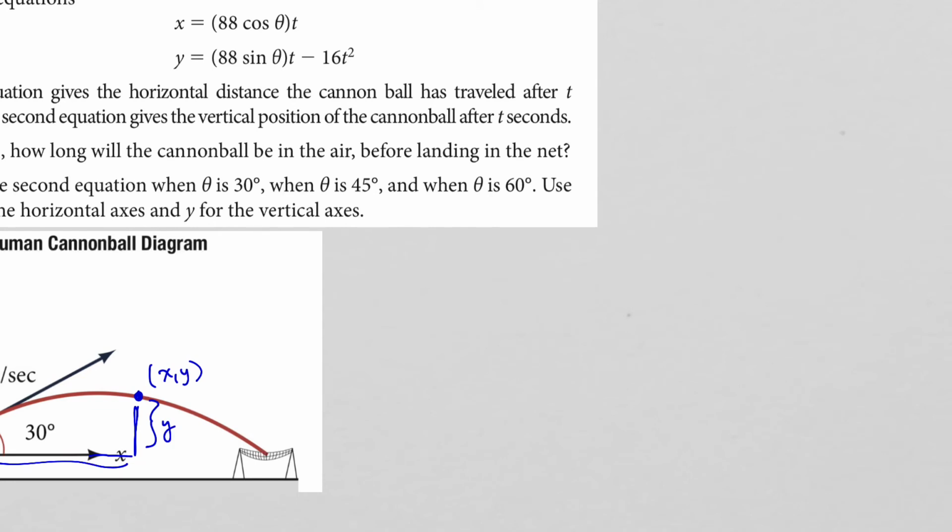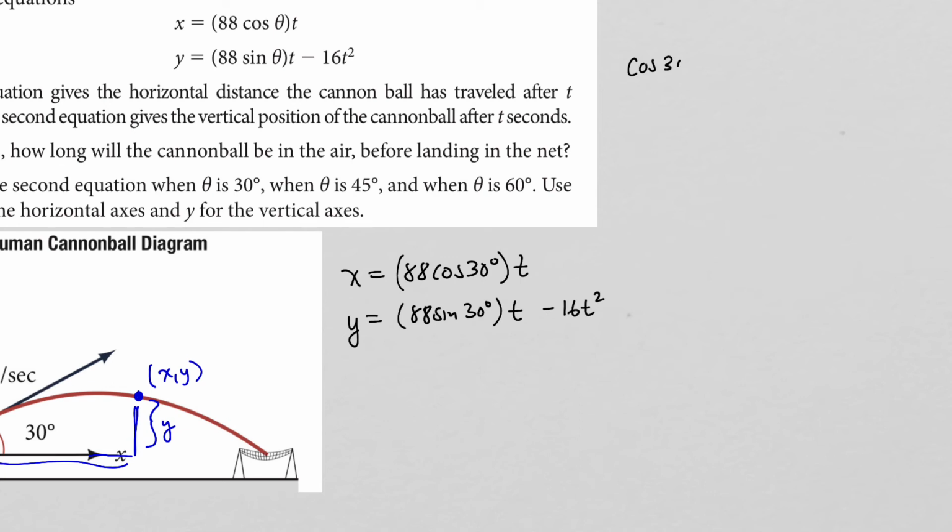The first equation would be x equals 88 times the cosine of 30 degrees times t. And the second equation would be y equals 88 times the sine of 30 degrees times t, and then minus 16 times t squared.